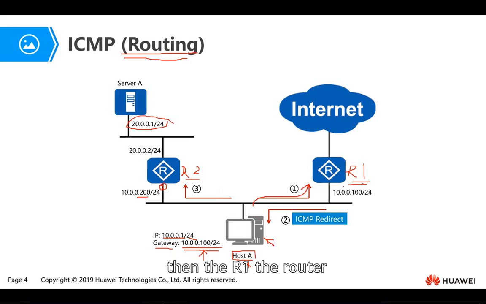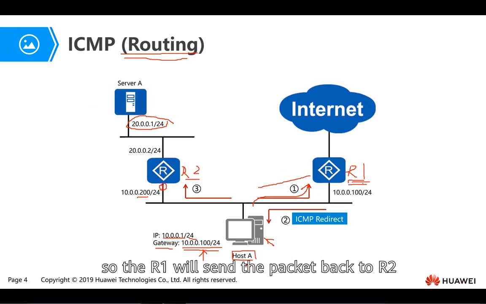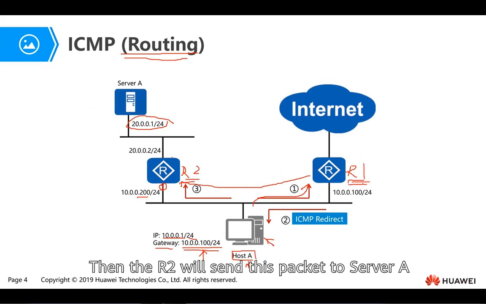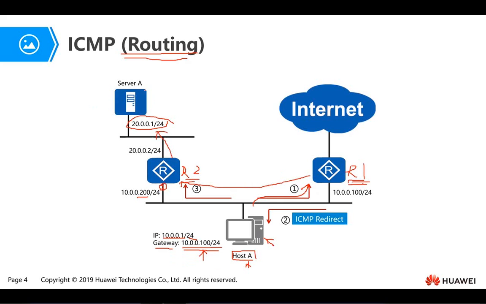R1 is a router and knows this network is behind R2, so R1 will send the packet back to R2, and then R2 will forward this packet to server A. In this process, the packet goes to R1 and R1 sends it back. This is not the best route. That's not the optimal route; this is a suboptimal route.